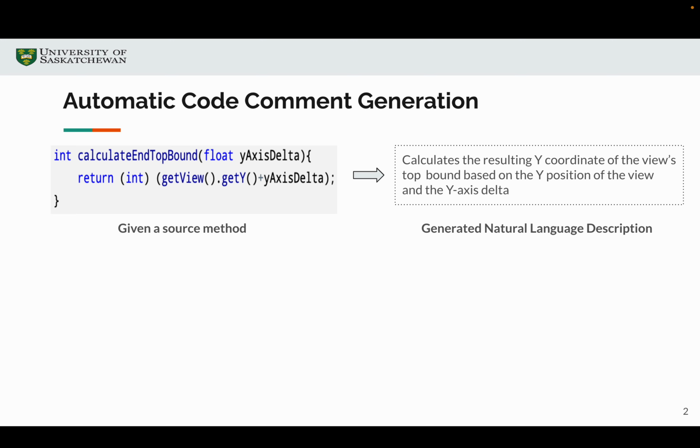In the slide, you can see a given source method, calculateEndTopBound. If you want to generate a comment for that, what an automatic comment generation tool does is generate a kind of summary like this, which tells you in simple language what the method is doing without specifying so much technical jargon.